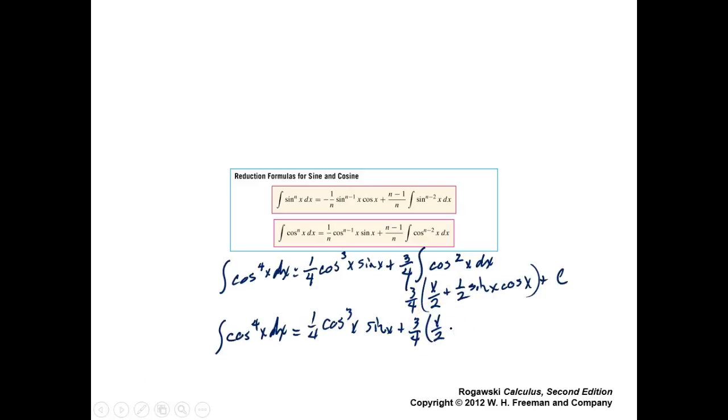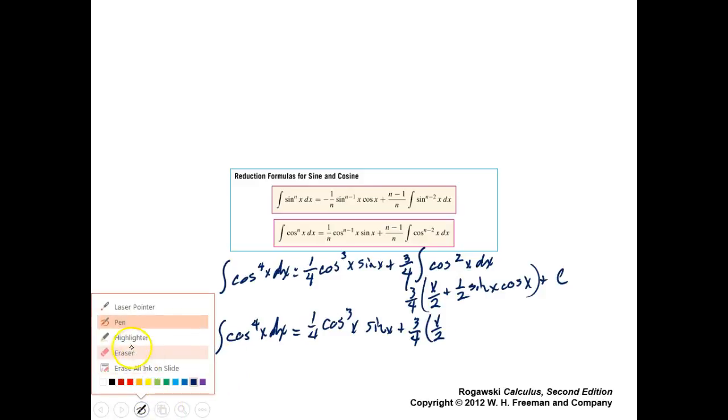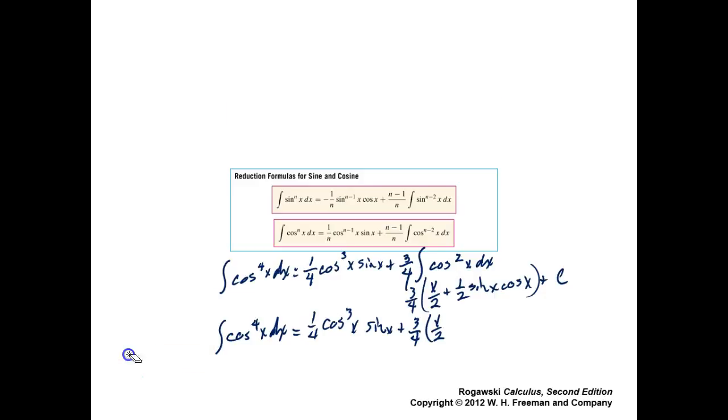Wait. Why don't we just go on and distribute? I think that would be better, don't you? Okay, let's distribute. That will be 3/8 x plus 3/8 sine x cosine x plus c.